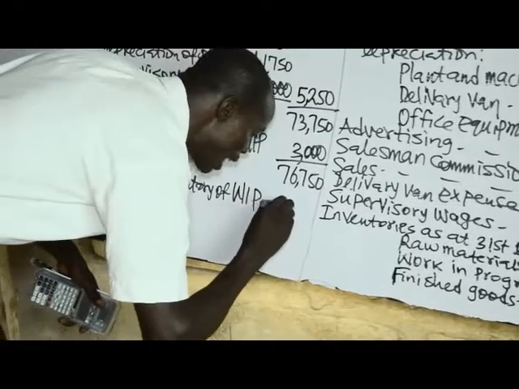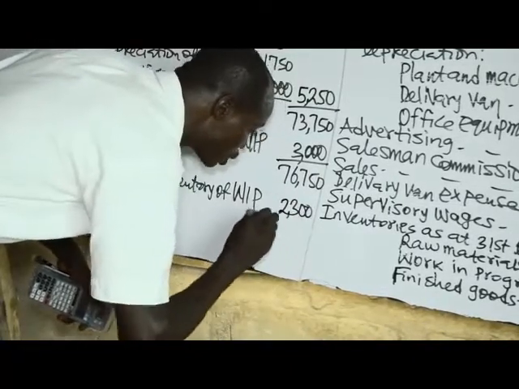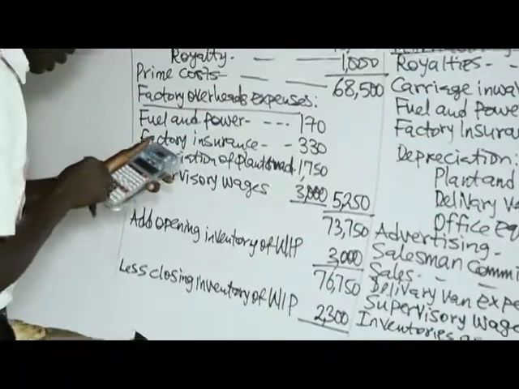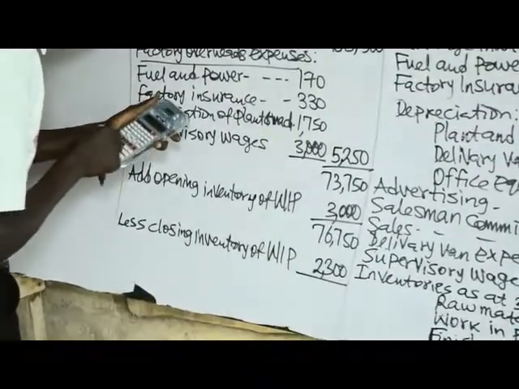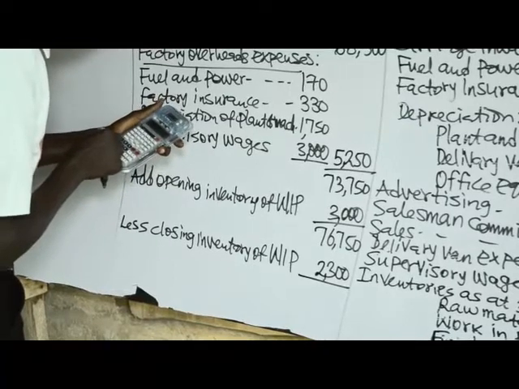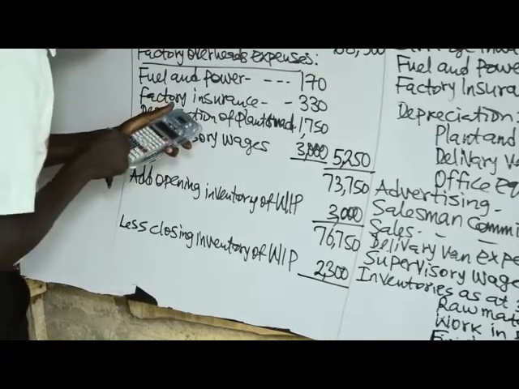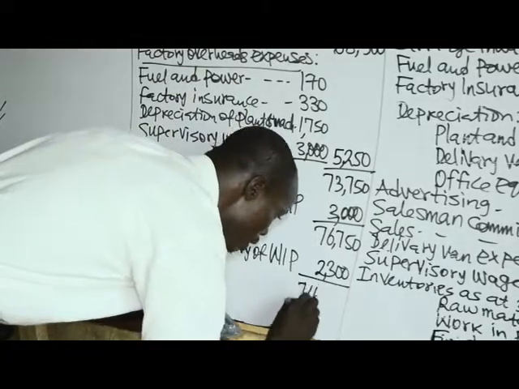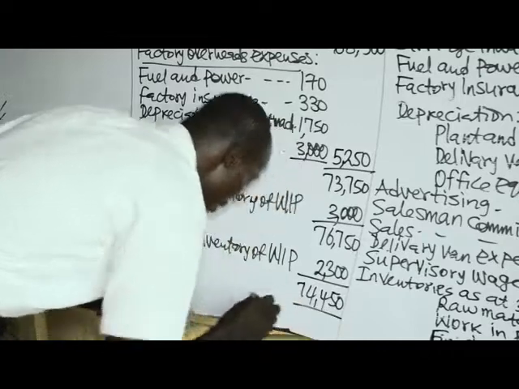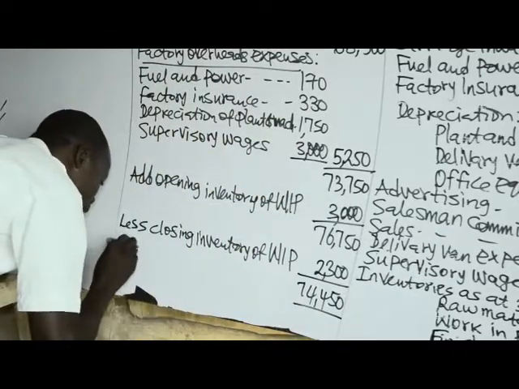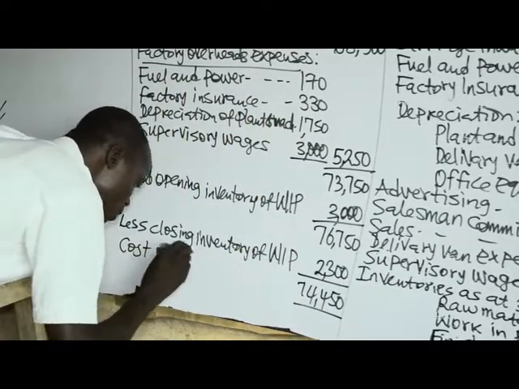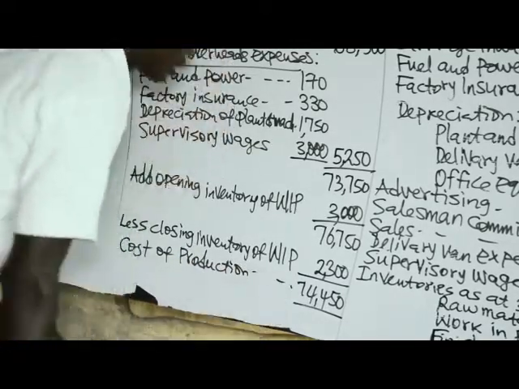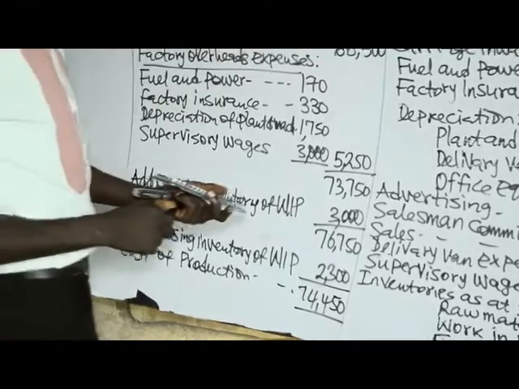So you less the 2,300. By the time you subtract 2,300 from 76,750, you have 74,450. That will give you the cost of production. That is the solution to the question.